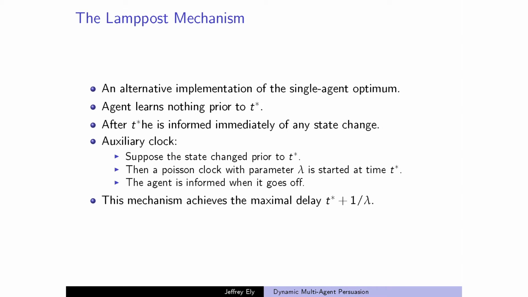And so what I'm going to do is have the principal at time T star start an auxiliary Poisson clock, which has parameter lambda. When that clock sounds, if in fact the state had changed between 0 and T star, he informs the agent.